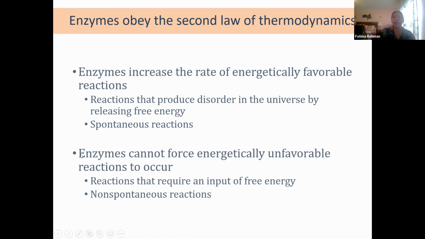Enzymes cannot force a reaction that wouldn't have normally occurred given the right environment. Any reaction that requires actual energy input is non-spontaneous and cannot be helped by an enzyme alone.